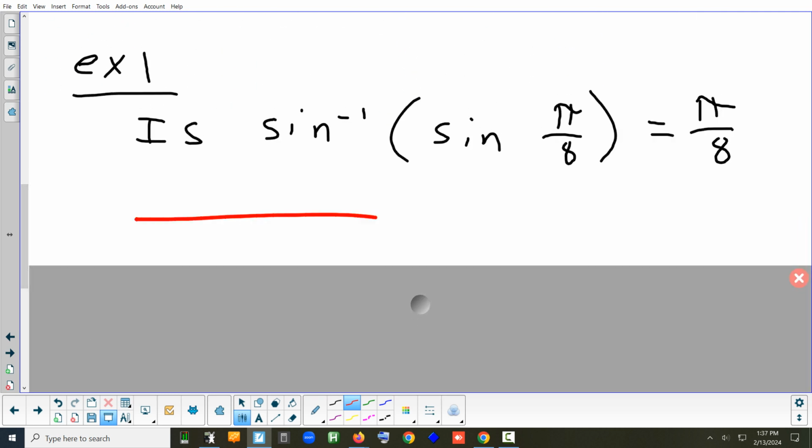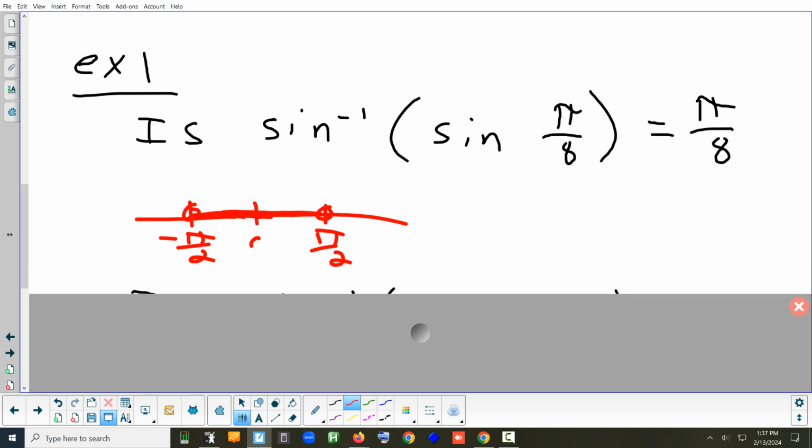All right, so this is the range of good things. We've got to be in here. Pi over 8. Here's 0. Where does pi over 8 fall on that number line?